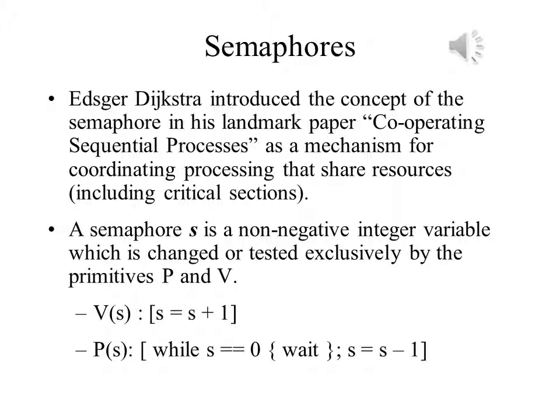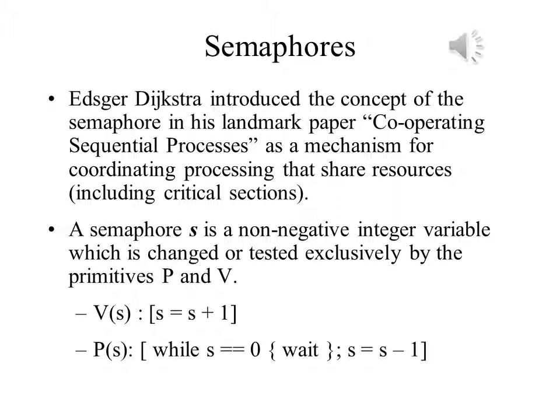His semaphores could only be manipulated by the two primitives: P for proberen, Dutch for test, the wait operator, and V for verhogen, Dutch for increment, the signal operator.